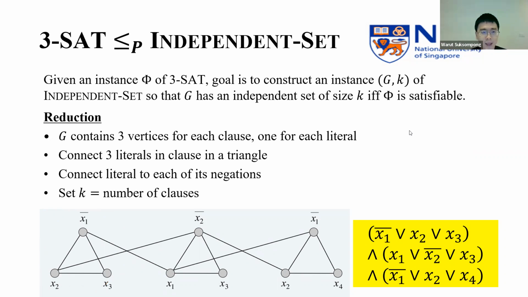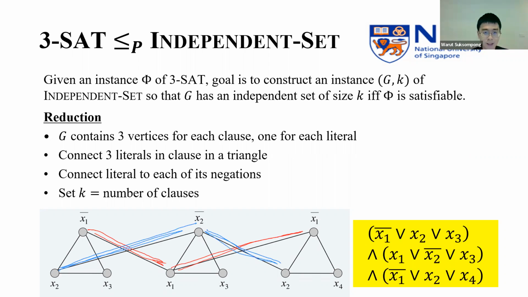Then we connect literals, each literal to each of its negations. So you can see here that x1 bar is connected to x1, right? By this line, and then again x1 bar is connected here by this line. And similarly, x2 is also connected to x2 bar, and x2 bar is again connected to x2.